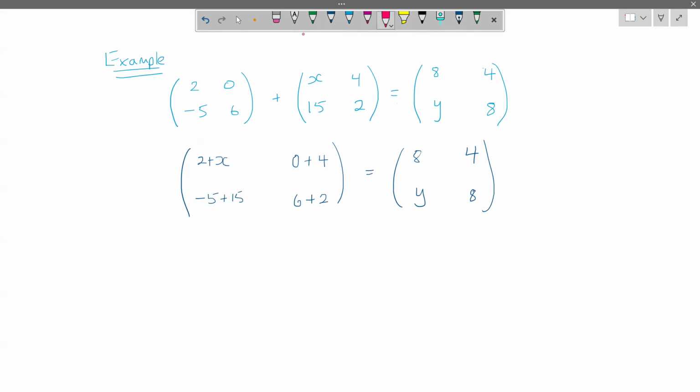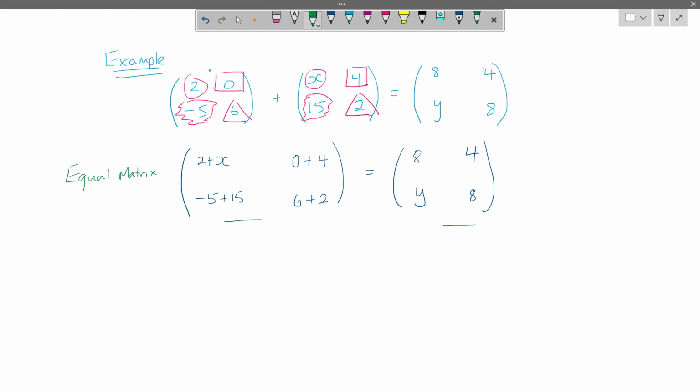All I did was add the same positions with each other. Everybody see now? I'm using similar shapes so you'll see that I add like shapes with each other. That's all I do. This here is what we're calling the equal matrix.